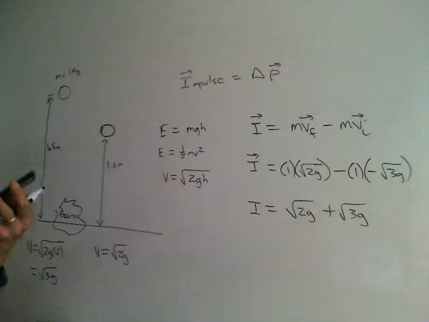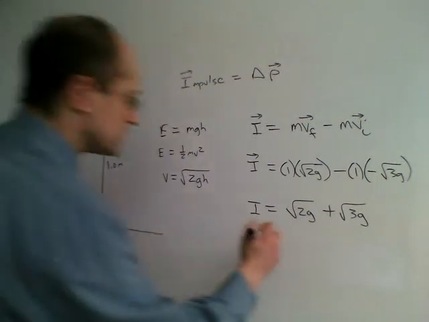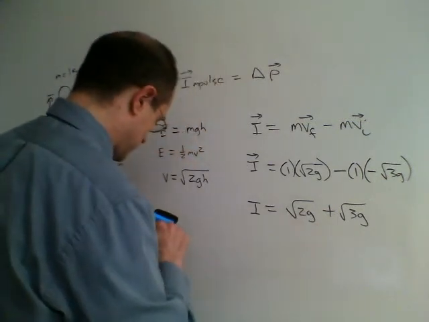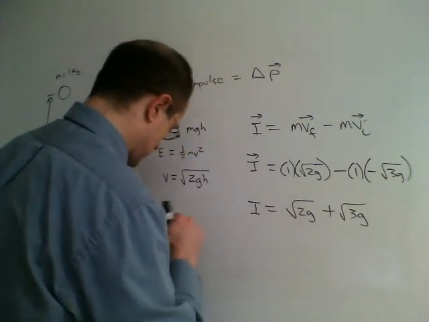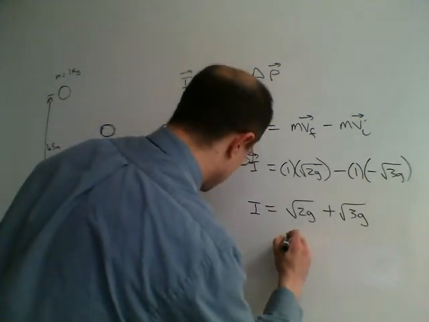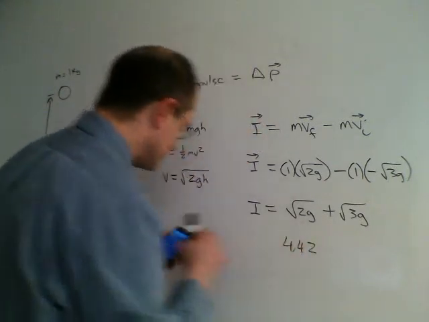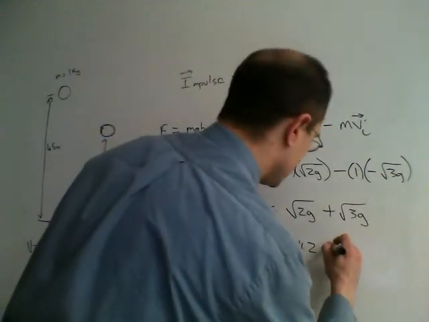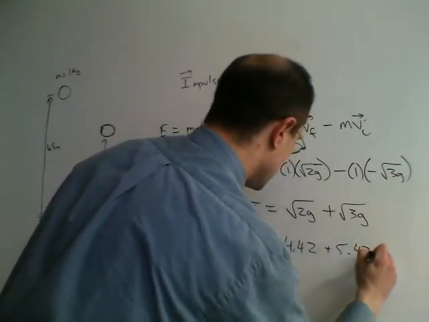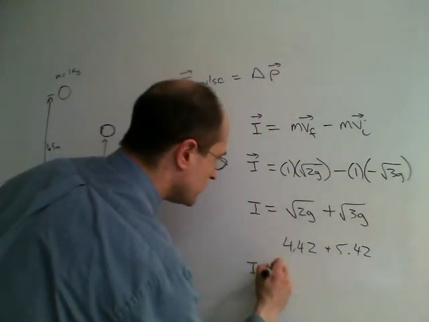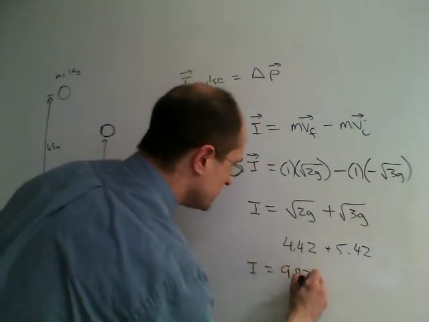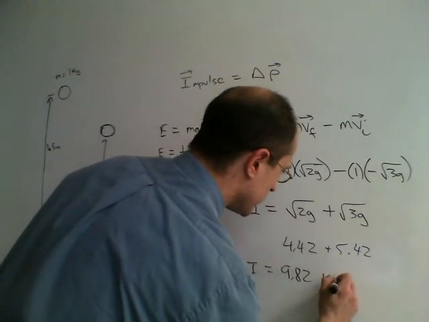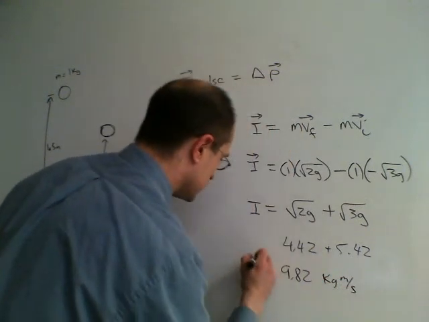This first term is going to be 4.42, and this is plus 5.42. So we're looking at the impulse being 9.82 kilogram meters per second.